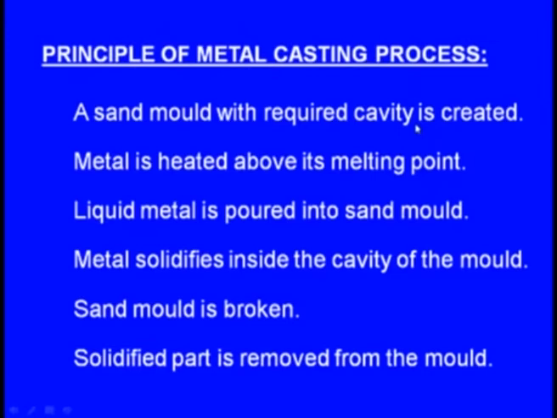After creating this cavity, the metal is heated above its melting point. Liquid metal is poured into the sand mold. The metal solidifies inside the cavity of the mold, and after some time the sand mold is broken. After breaking the sand mold, the solidified part is removed from the mold. So this is the simple principle of metal casting.